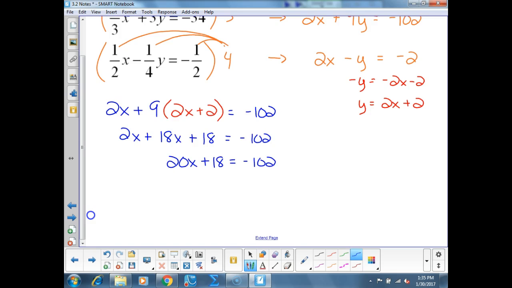Subtract 18 from both sides. 20x is equal to negative 120. Divide by 20. X then is negative 6.